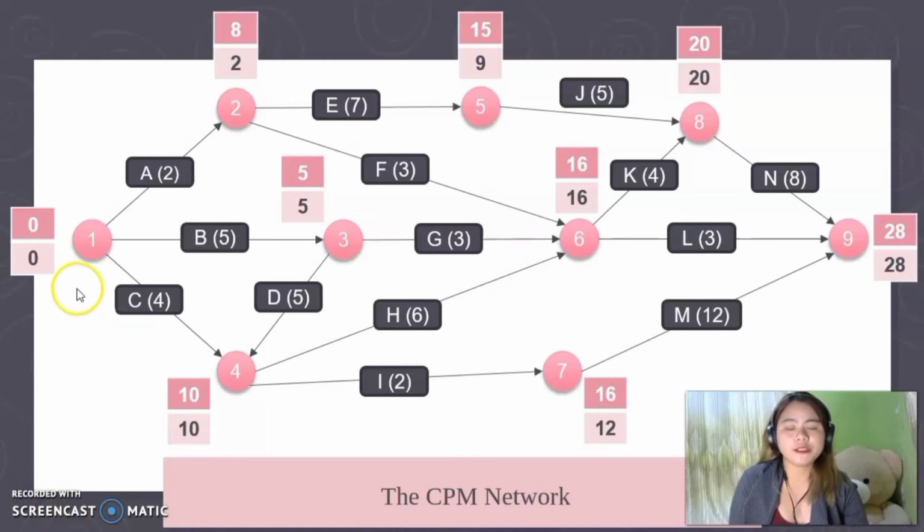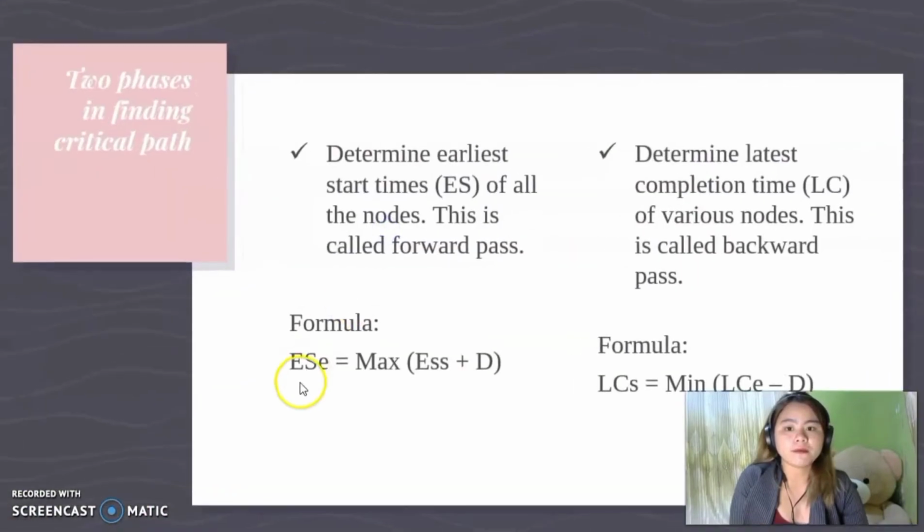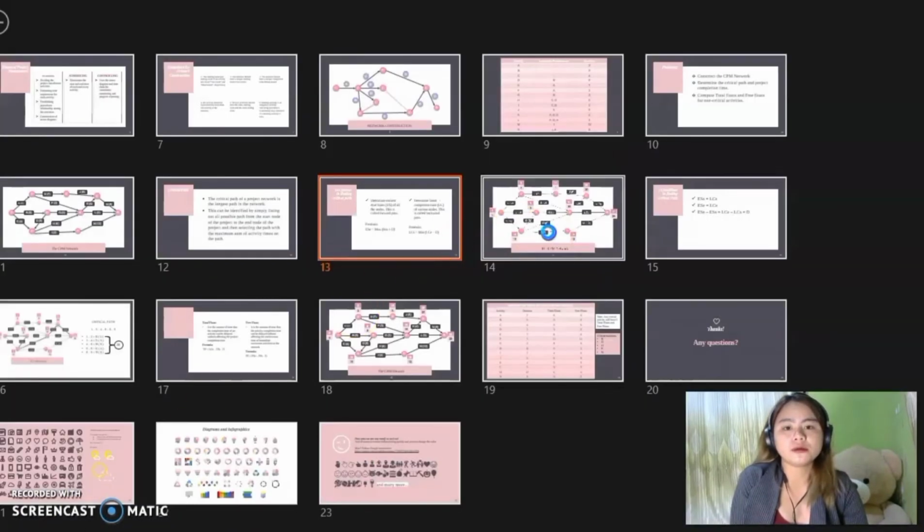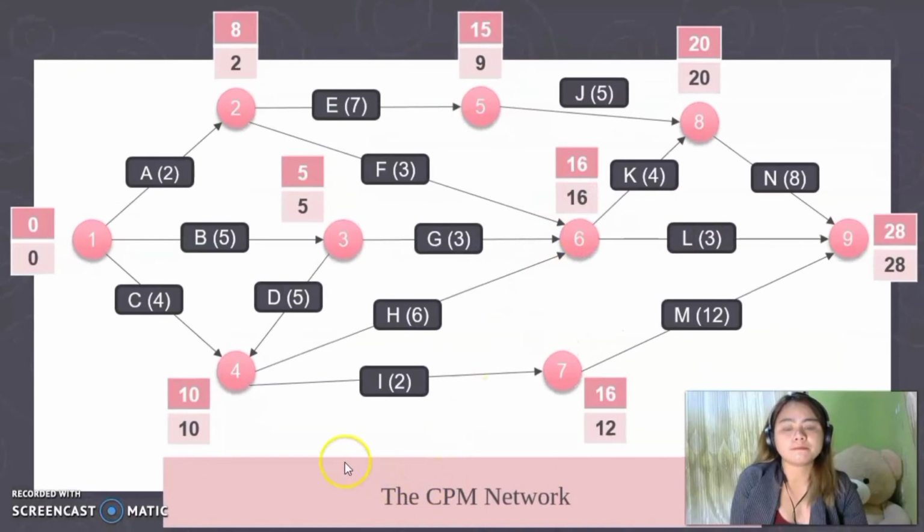First, I am going to explain how to calculate the earliest start time. In determining the earliest start time, we are given this formula. The earliest start time of the ending activity is equal to the maximum of the earliest start time of the starting activity plus the duration. So we're going to look here. The earliest start time of a starting activity is always 0.